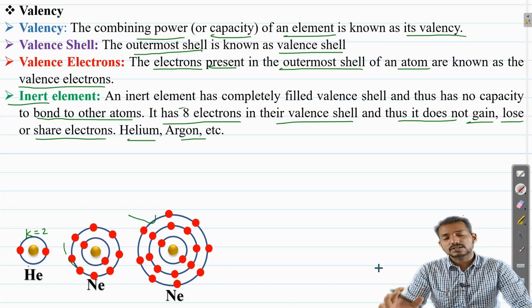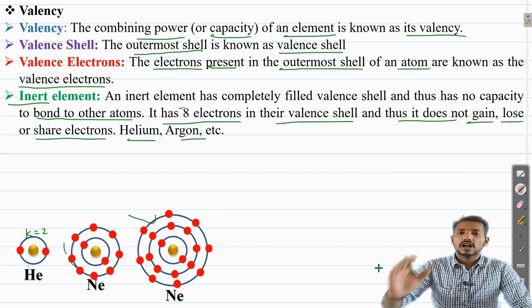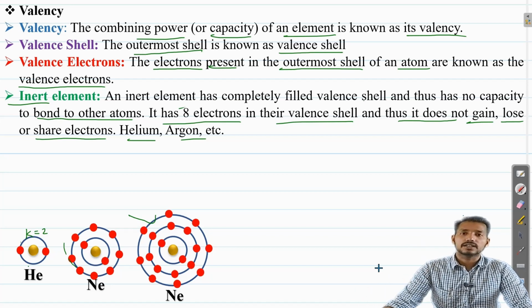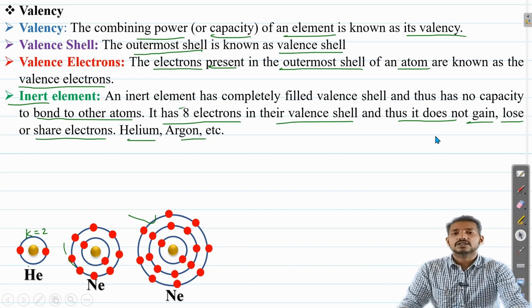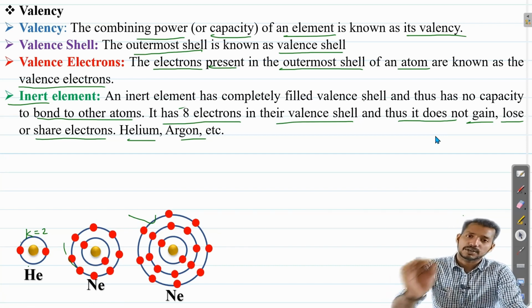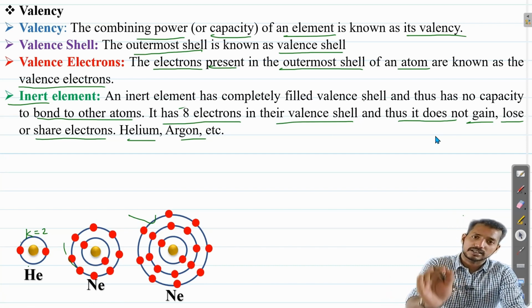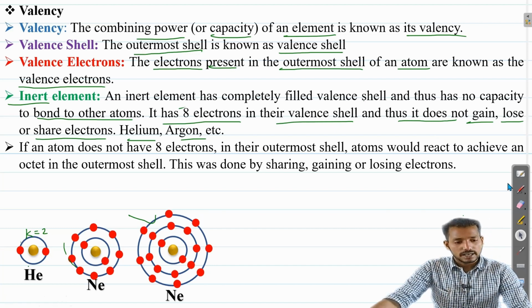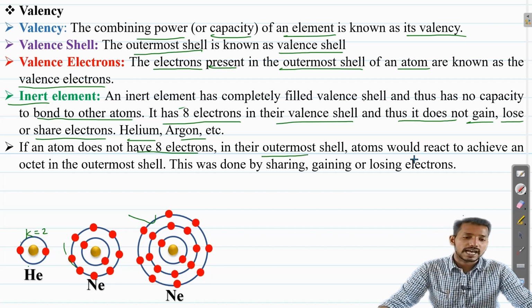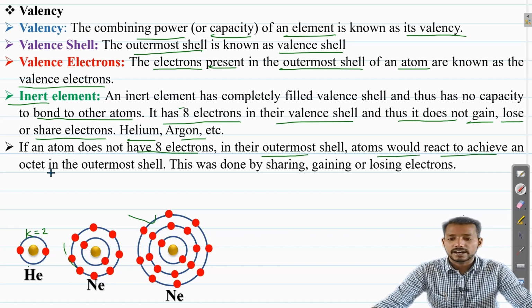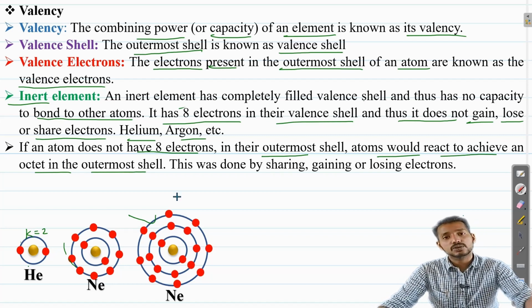Now, if an element has a partially or incompletely filled outermost shell, like 7 or so, such atoms have a particular valency depending upon the number of electrons present in that outermost shell. If an atom does not have 8 electrons in its outermost shell, the atom will react to achieve an octet in the outermost shell, that means to get stability.